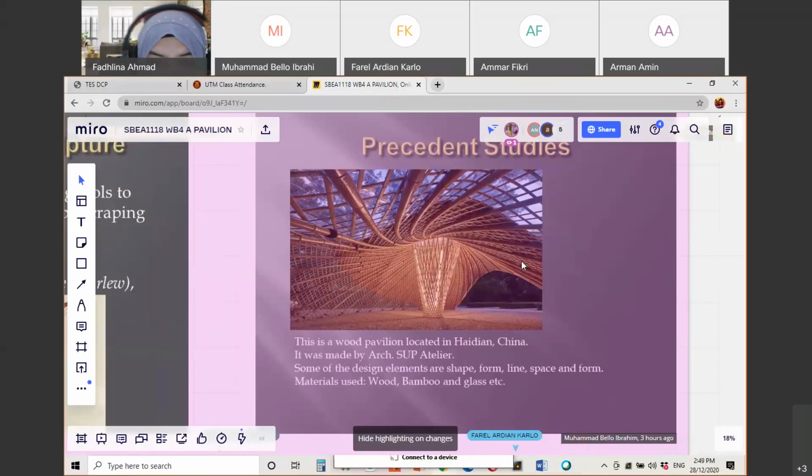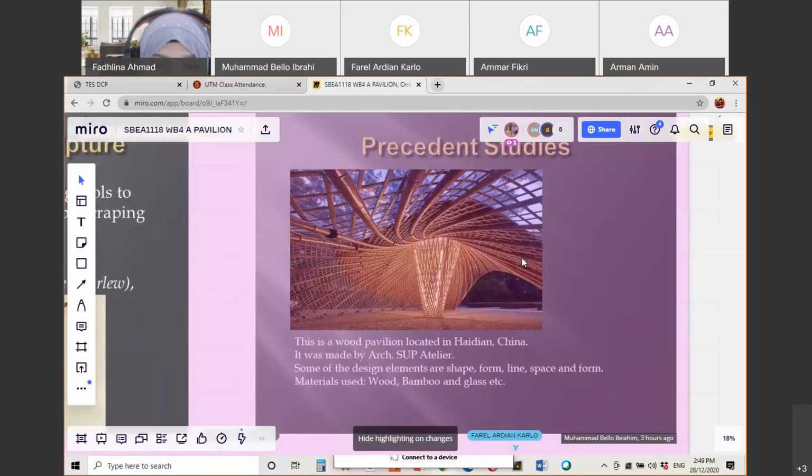Materials used are wood, bamboo, and glass, etc. How does this precedent study relate to the carving sculpture? Some of the parts are made of wood, and the bamboo is carved?